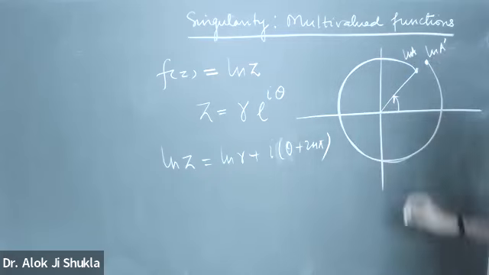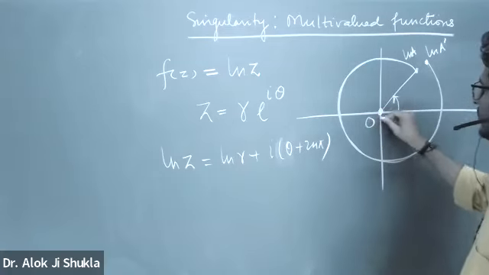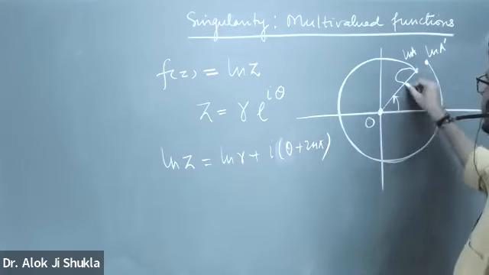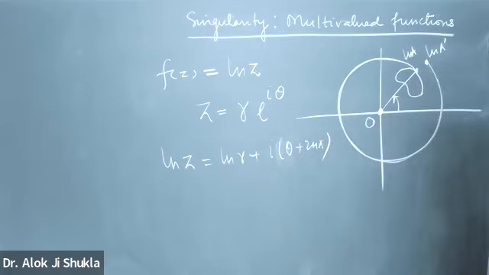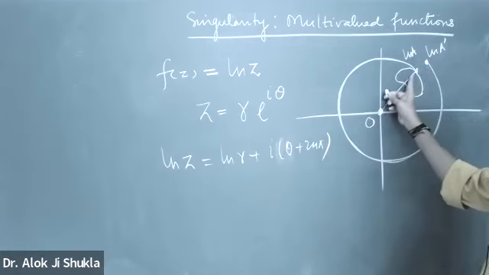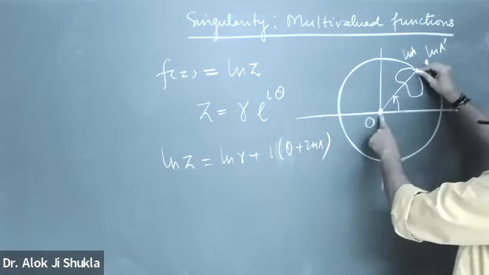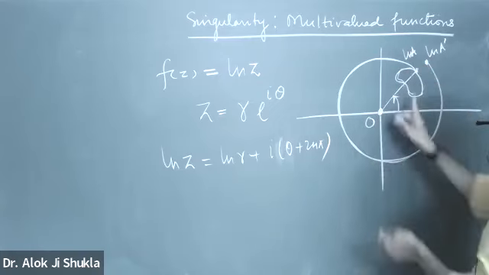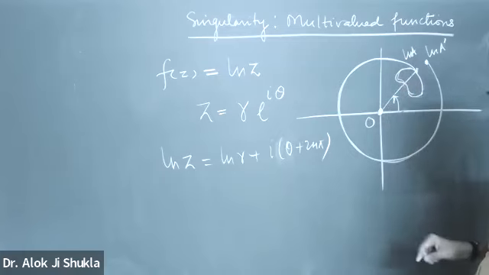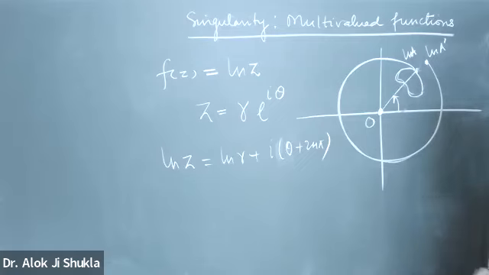That means there is multi-valuedness in the function, and that happens because of this origin. If you have taken it like this, suppose you just go like this, then this will not happen. Just imagine taking a leap around this point.